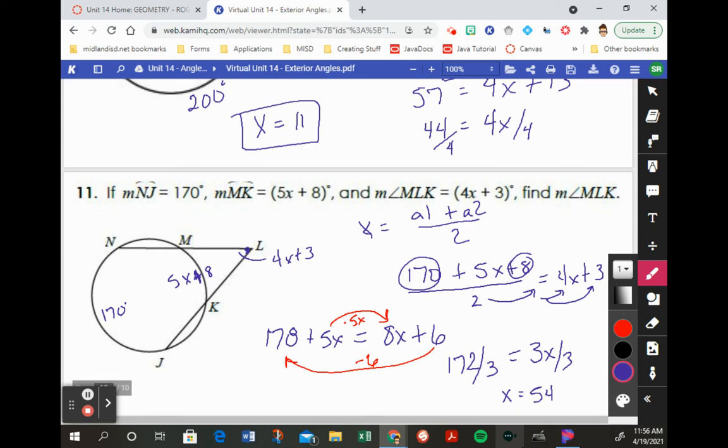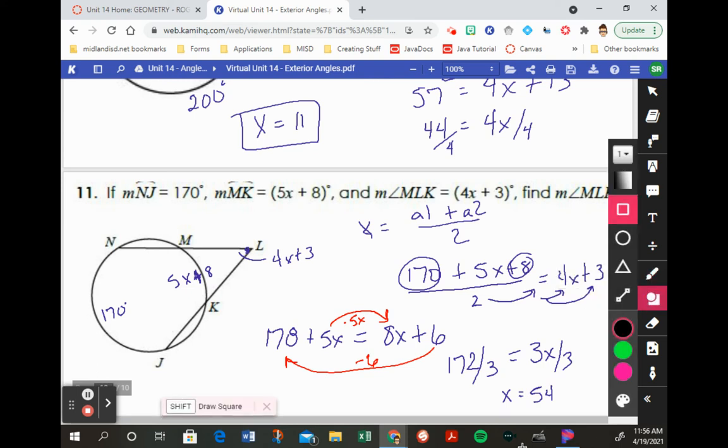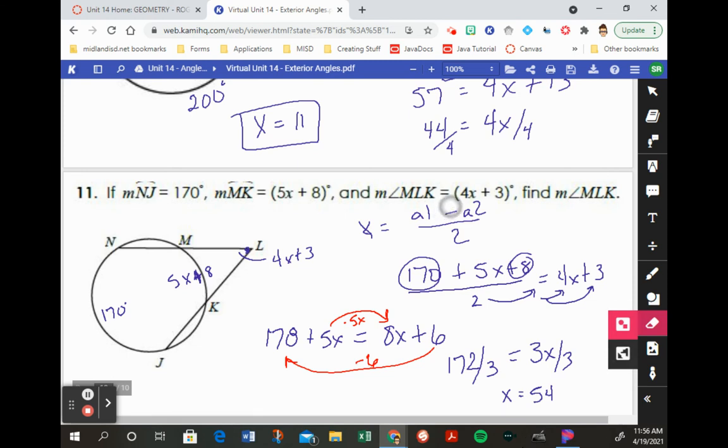Okay. I did something wrong, and nobody caught me. If they did, they didn't say anything. That should have been not a plus, but a minus. So this is all wrong down here.